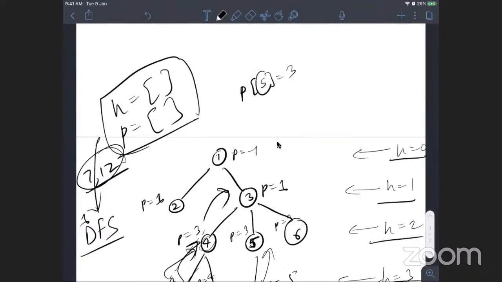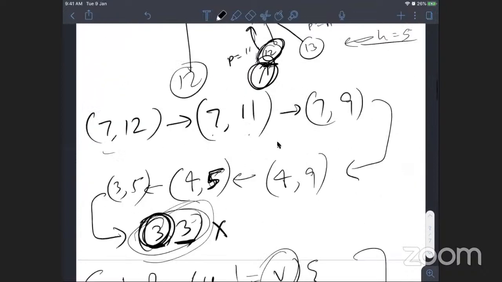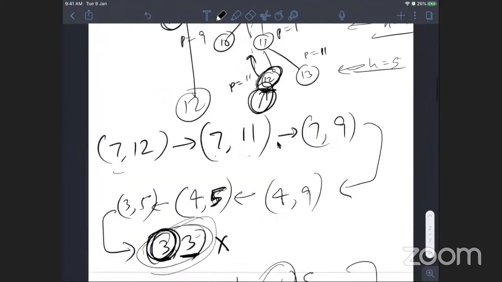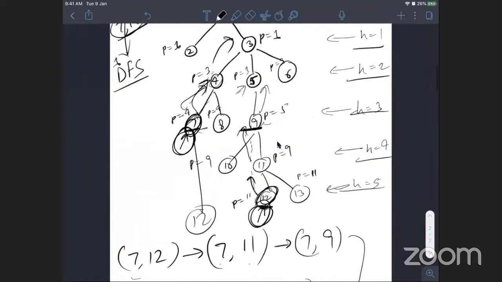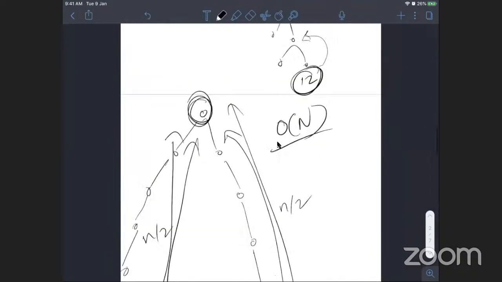That means 5's parent is 3. This was stored after the single DFS. So when we are at 5, we can look at P[5] and know that my parent is 3, and I can just move up. Technically you're not moving up, you're just changing the variable V to its parent's node ID. This is just a visual representation; only the variables are actually being changed.